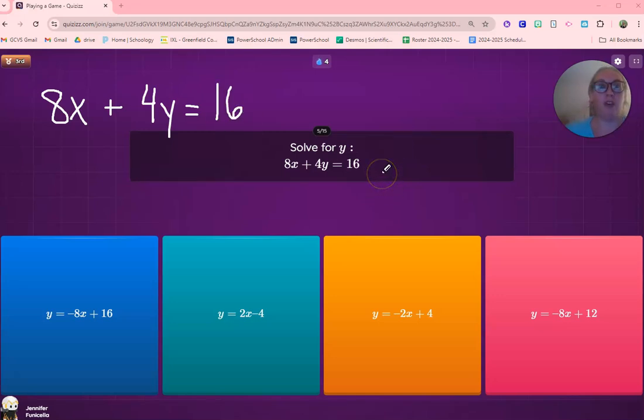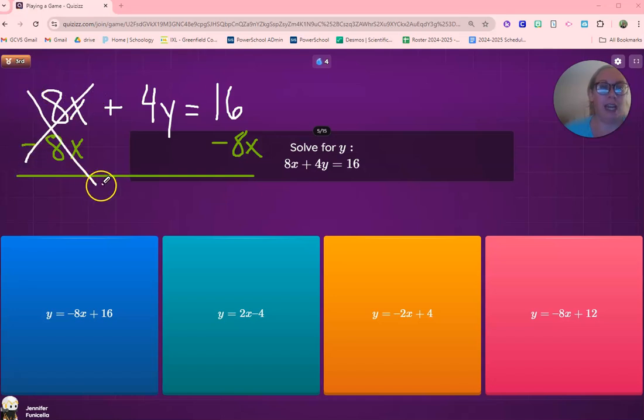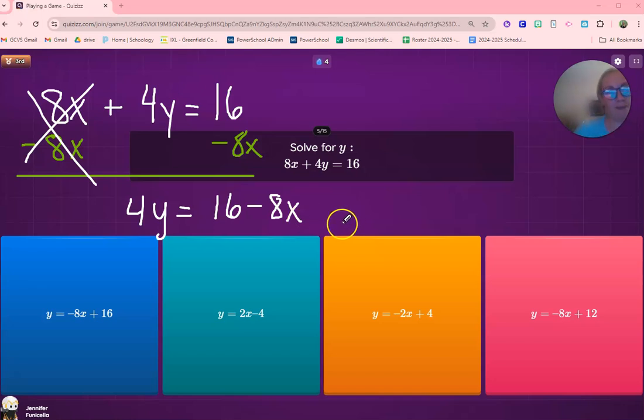And it wants us to solve for Y. So first, we are going to get rid of this 8x on both sides, starting to get our Y variable by itself. 8x minus 8x cancels to 0, and we have 4 times y equals 16 minus 8x. Since this is being multiplied by 4, we're going to divide everything by 4.